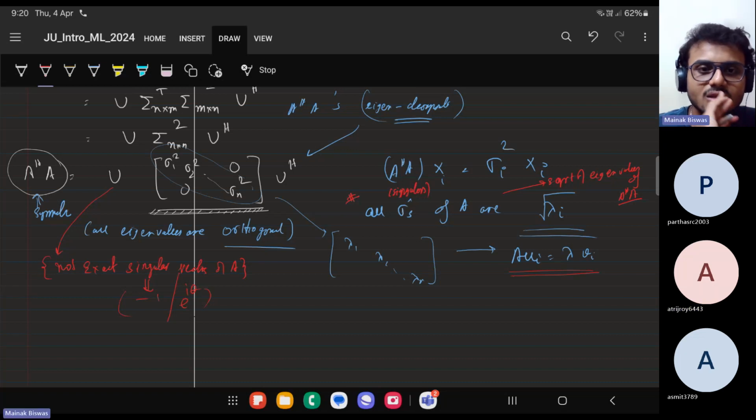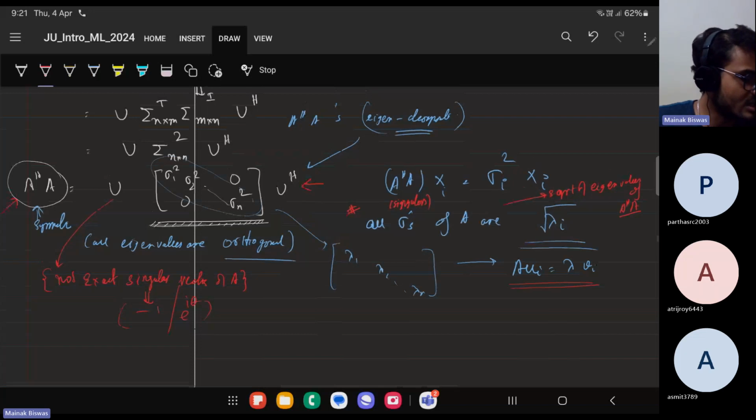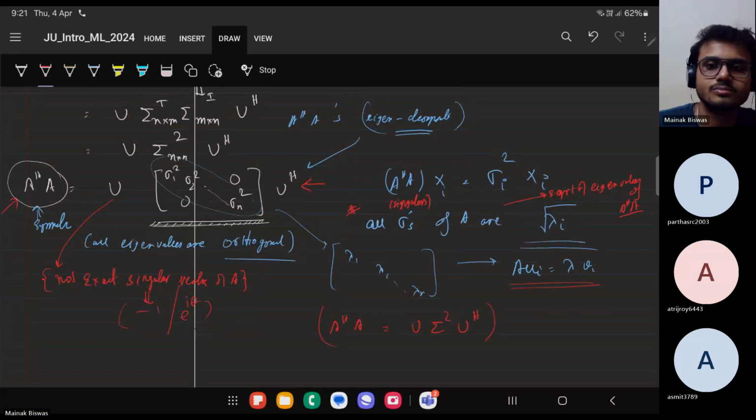Can you tell me, did you understand that all the singular values of A are the square root of the eigenvalues of A Hermitian A? From this equation, A Hermitian A is equal to U sigma squared U Hermitian, yes or no?